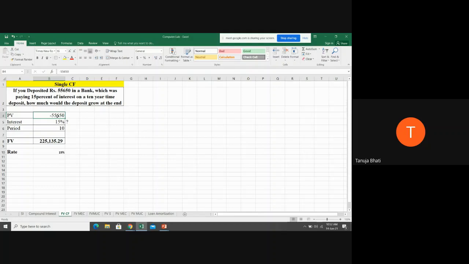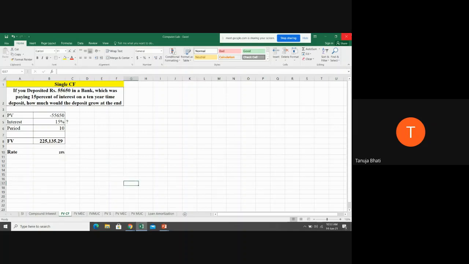When we are depositing money in the bank, money is flowing out of our pocket, so it is minus. And if you write plus here, you will get the future value in minus. It can either be receipts that you are going to receive, or it is a payment that you are going to make. That is why plus and minus.